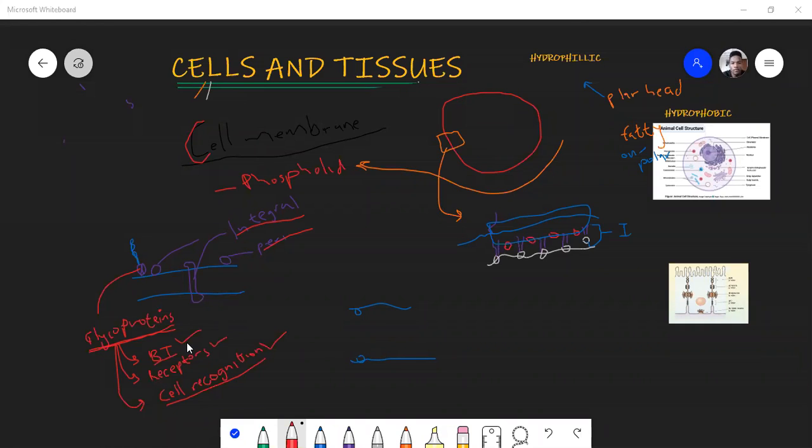And then I spoke about, you remember, you see this red structure in between the fatty acids. I said that is your what? Your cholesterol. And when we were doing the integumentary system, what did we say about the cholesterol when it gets the sunlight?